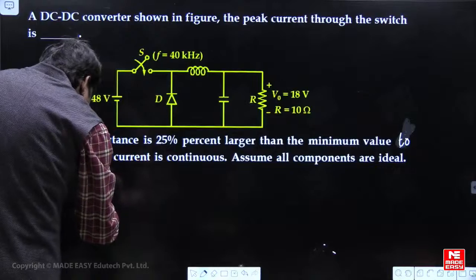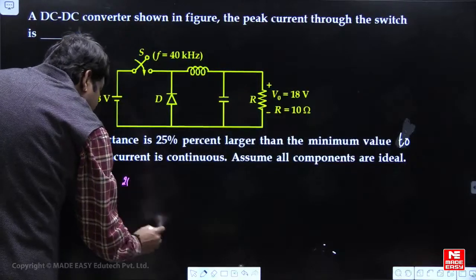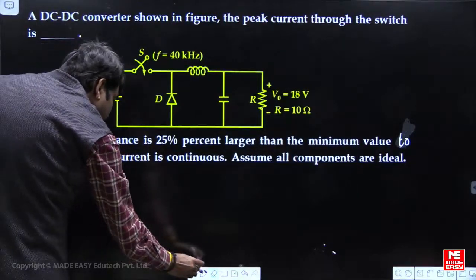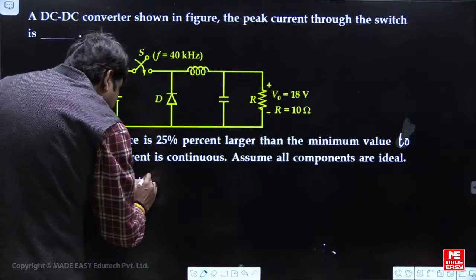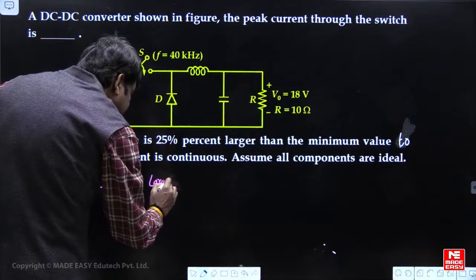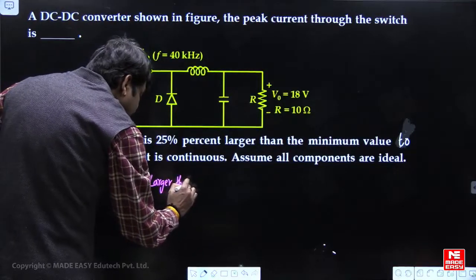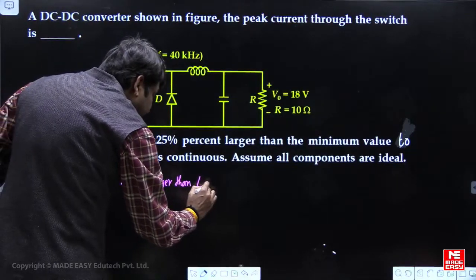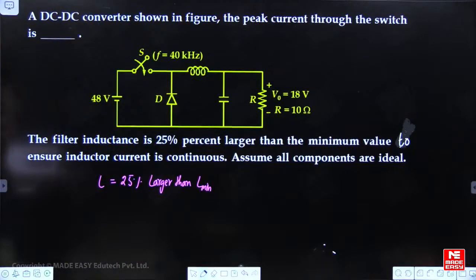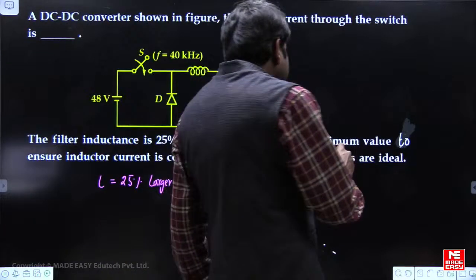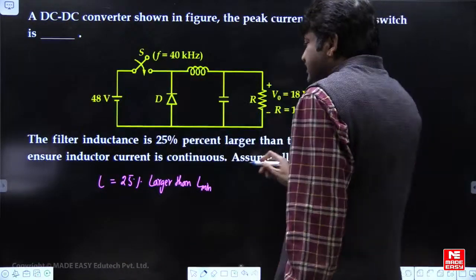The value of L is 25% larger than the minimum inductance required for getting continuous conduction. So what is the minimum inductance required to ensure continuous conduction?